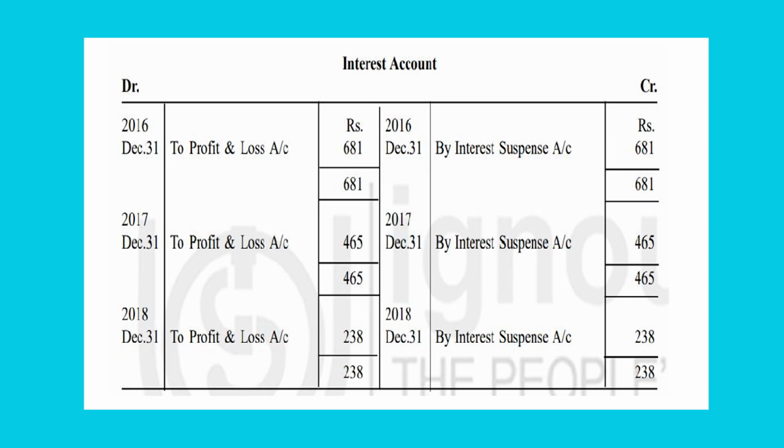Like the first year, the amount of interest included in the total interest suspense account was 681, transferred to the profit and loss account. Second year interest 465 was transferred to the profit and loss account. The amount of interest which belongs to the third year is 238 out of the total interest suspense, and again will be transferred to the profit and loss account.